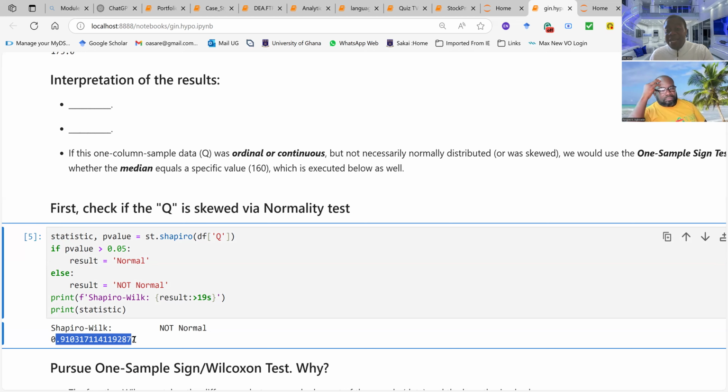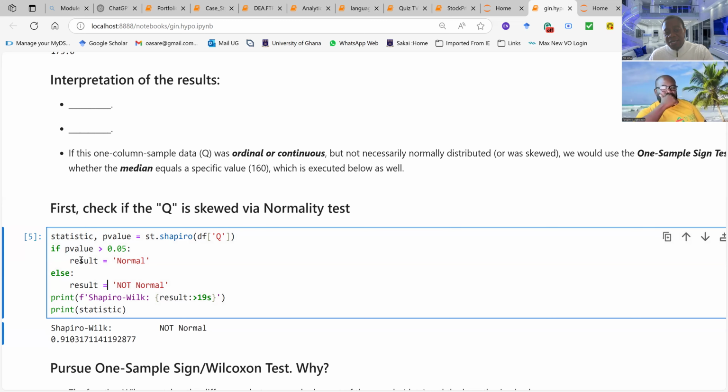We said if the p-value is greater than 5%. Why did I say this? It's supposed to be normal, right? Yes, it's supposed to be. Yes, Ramatu. Yeah, so I was about to ask that question.